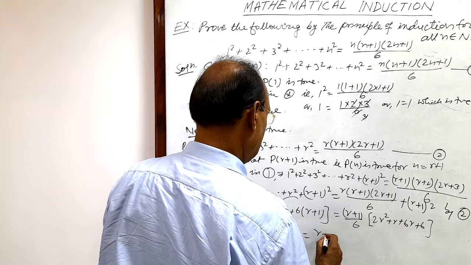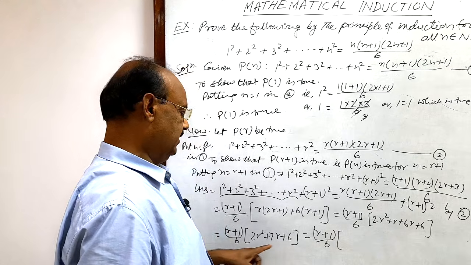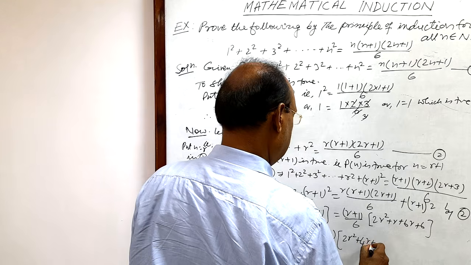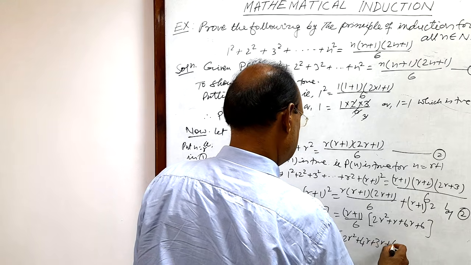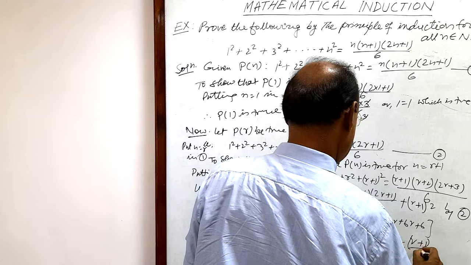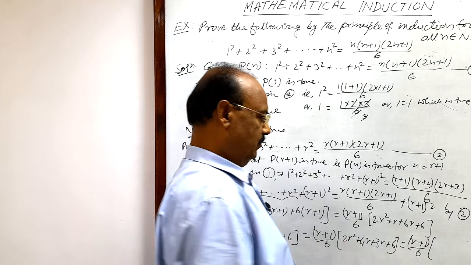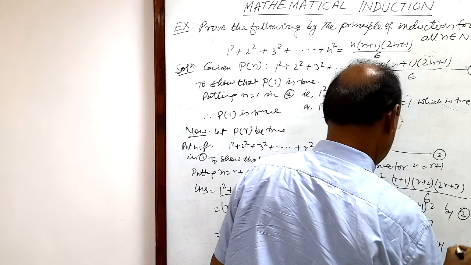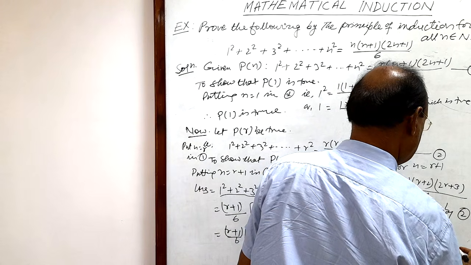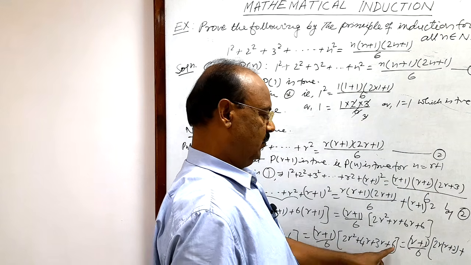So this is r plus 1 by 6 and we will have to factorize it. So 2r square plus 4r plus 3r plus 6, and this is equal to r plus 1 by 6. Here 2r will be common in these two terms. So 2r will be common here, so r plus 2, and here taking 3 common, so r plus 2.